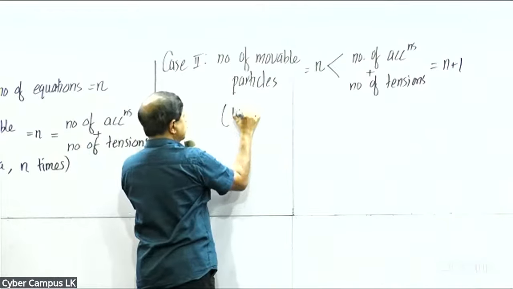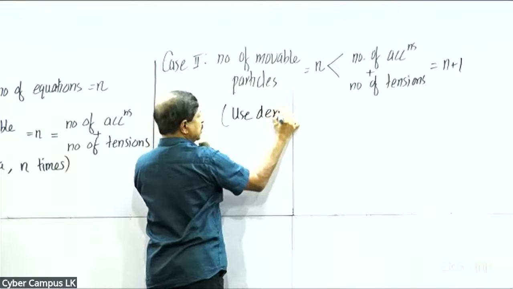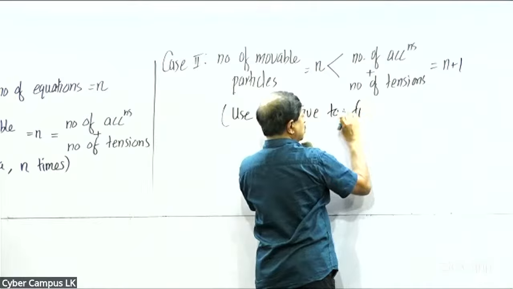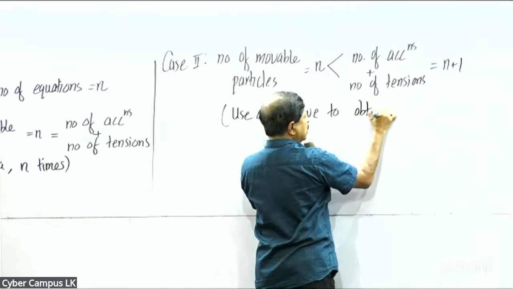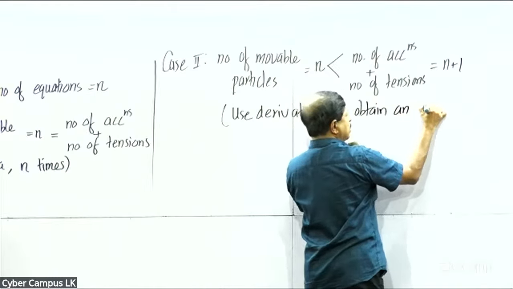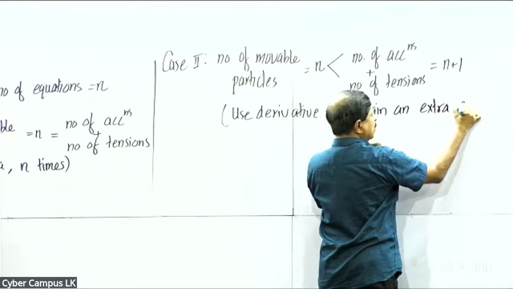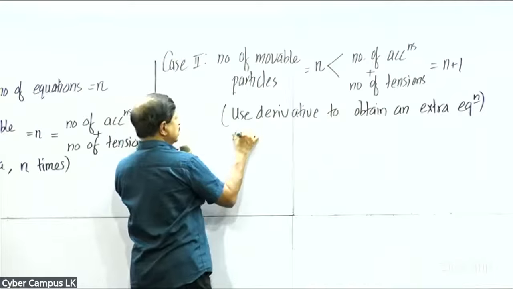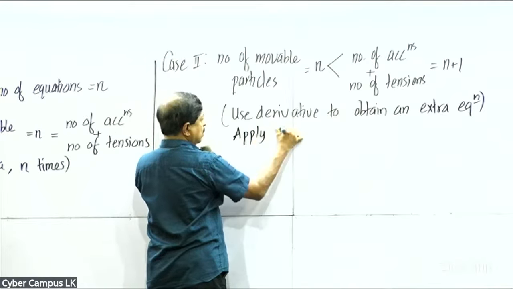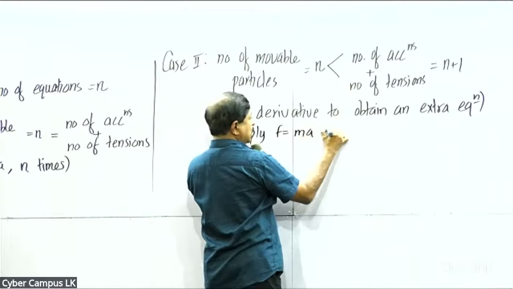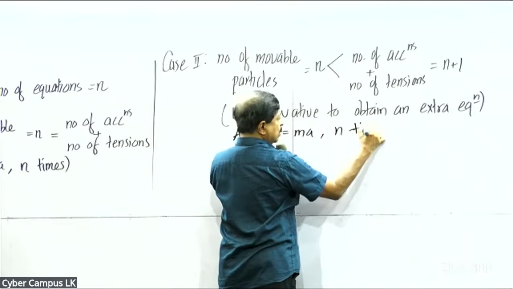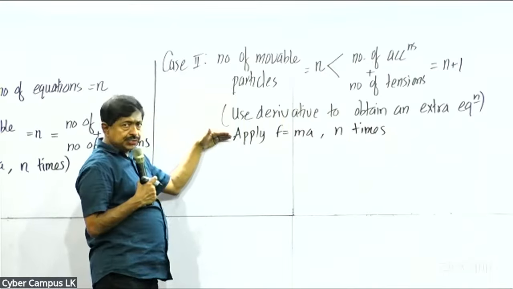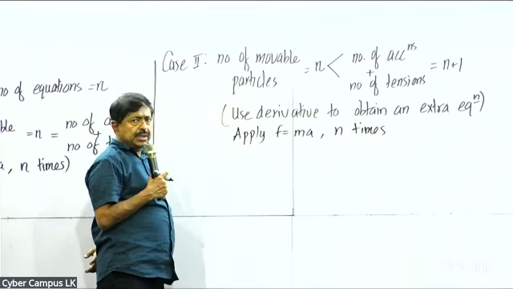So first, use derivatives, lengths and derivatives, to obtain an extra equation. Then apply Newton's law n times. You know, this is the extra equation. With these n equations, we have altogether n plus 1 equations.